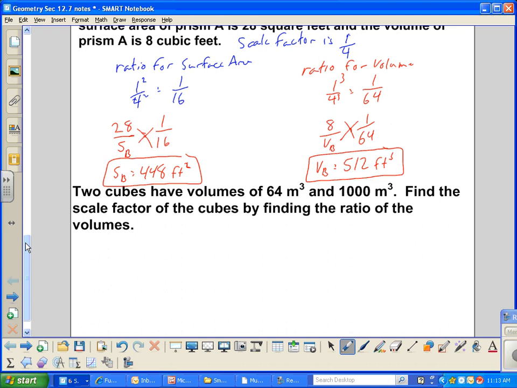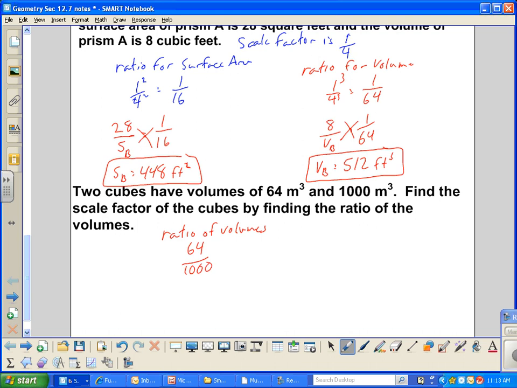And the last example says 2 cubes have volumes of 64 meters cubed and 1,000 meters cubed. Find the scale factor of the cubes by finding the ratio of the volumes. So if I look at the ratio of the volumes, that's going to be 64 over 1,000, right?